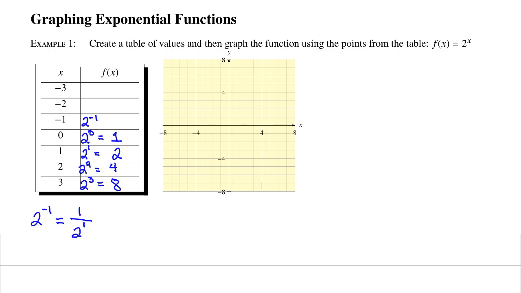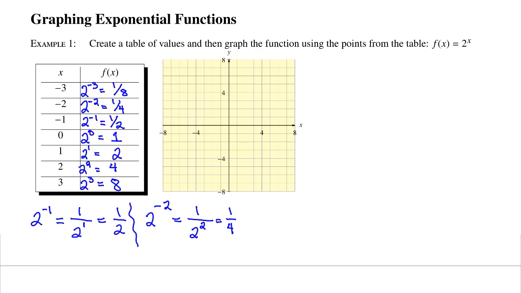So this is 1 over 2 to the first, which is just 1/2. Similarly, if I have 2 to the negative 2 power, that's the same thing as 1 over 2 squared, which is 1 over 4. And also 2 to the negative 3 power is 1 over 8.